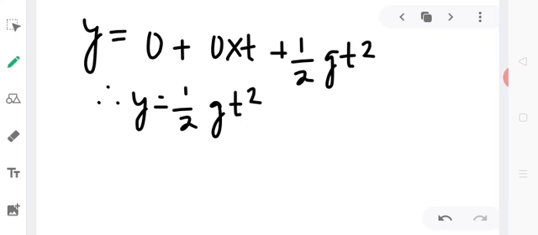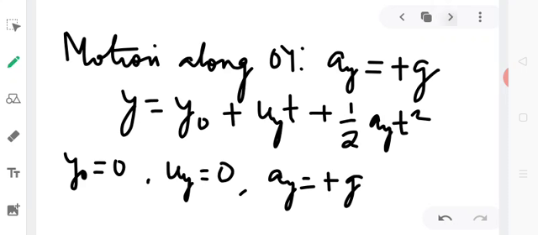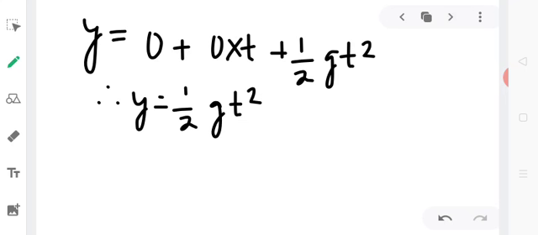Now, just remember what is the value of t. From equation 1, we know that t is equal to x by u. Let us substitute this value as t is equal to x by u.